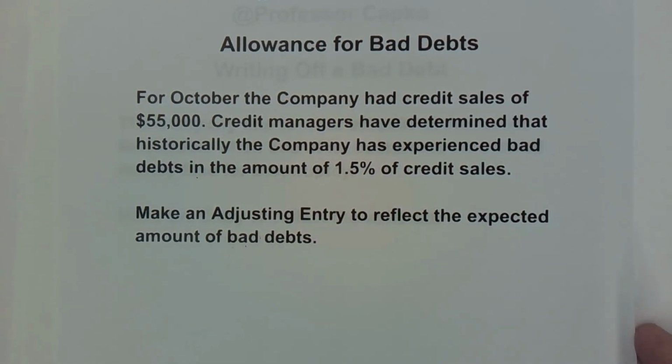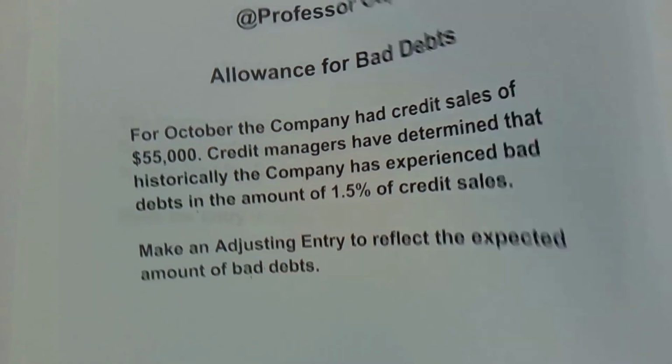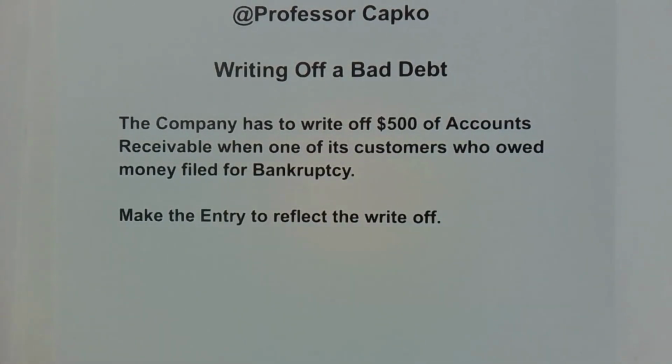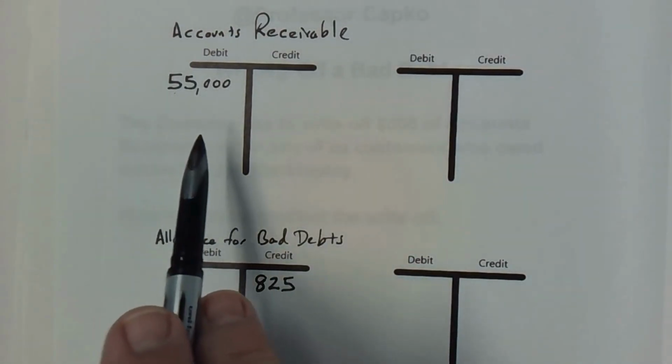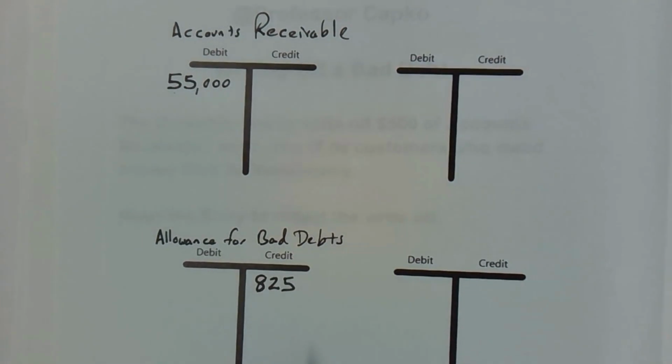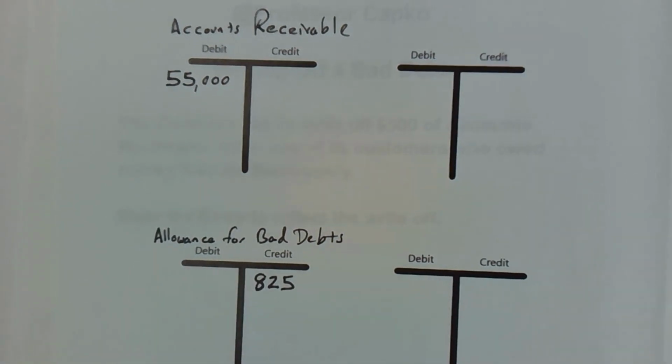So because accounting will match the revenues to the expenses and the expenses to the revenues, we did an allowance for bad debts. There was the $55,000 worth of accounts receivable, and we did an allowance for bad debts for $825, which represents 1.5% of the $55,000.